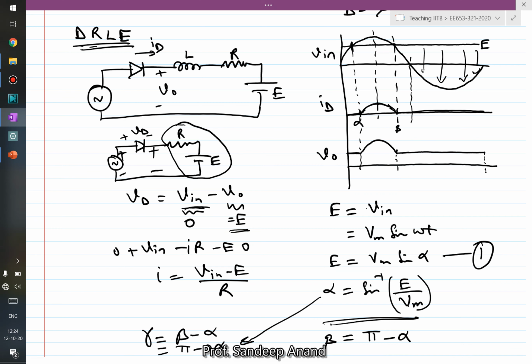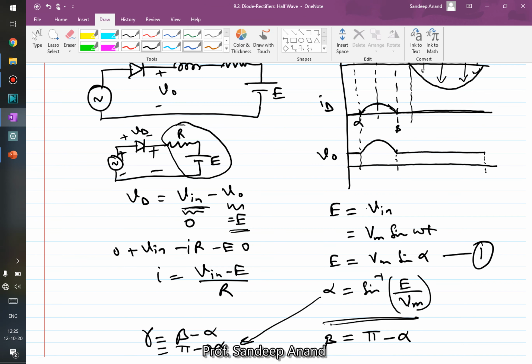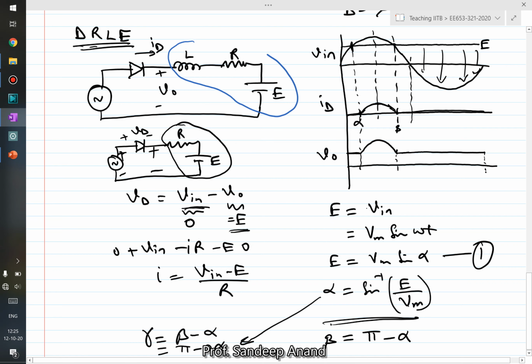How will things change if you actually consider the inductor also? Initially nothing changes, because till the input voltage is less than E, the diode will not conduct. So your output voltage remains at E and the current remains 0.